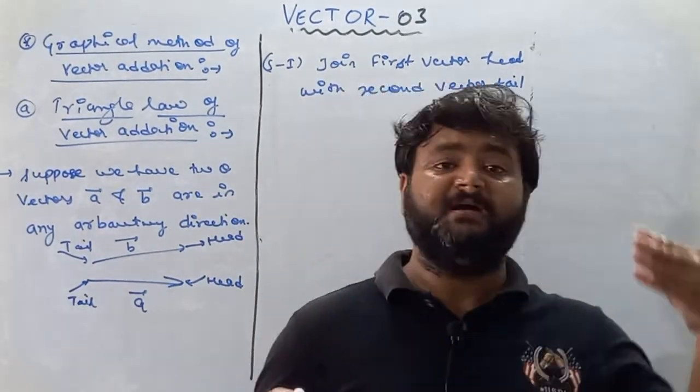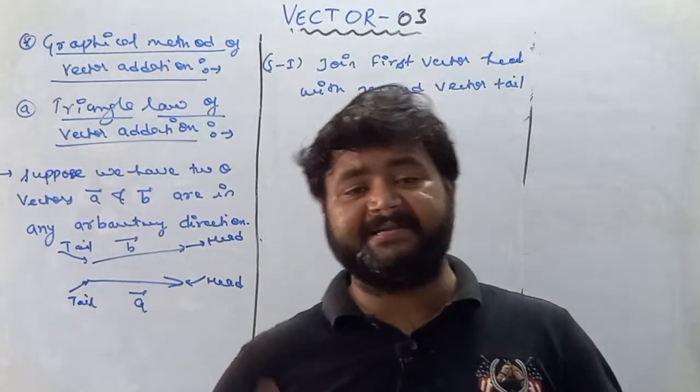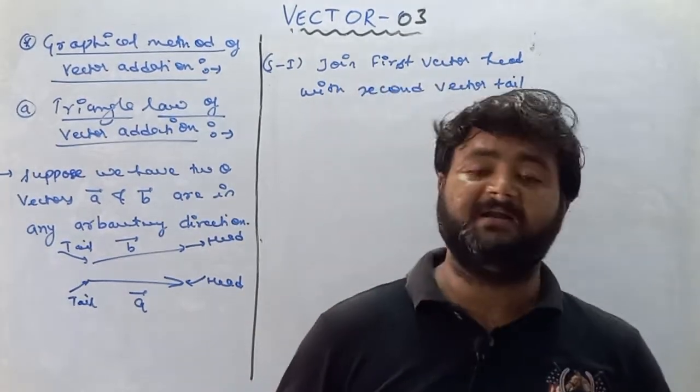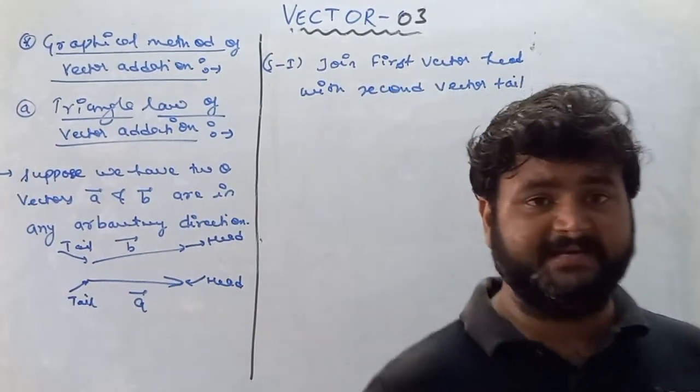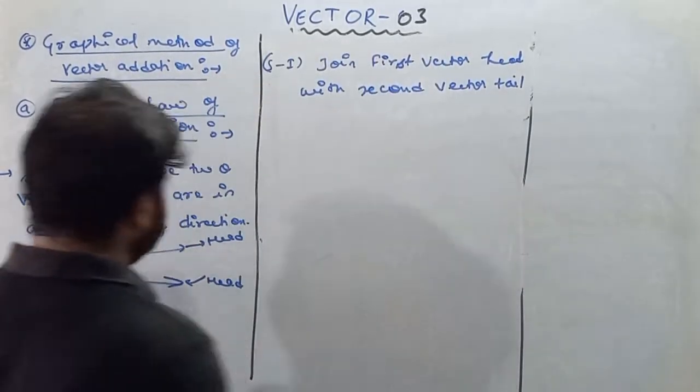Similarly, if you join one vector head with the second vector head, or one vector tail with the second vector tail, then that combination is called irregular vectors. So remember, dear student, if you join one vector head with the second vector tail, they are said to be regular vectors.